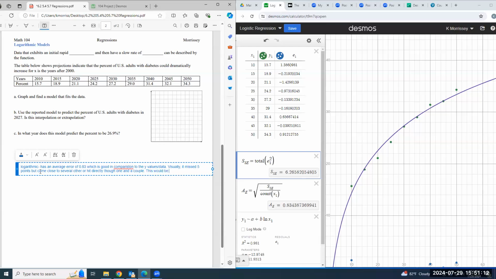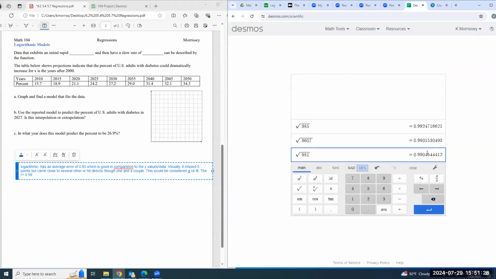This would be considered an okay fit, definitely not a good fit. The correlation coefficient is equal to 0.9905, which supports the conclusion.